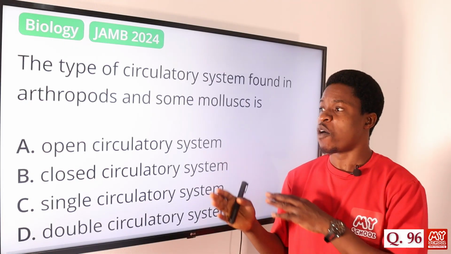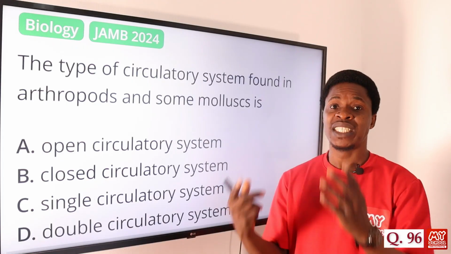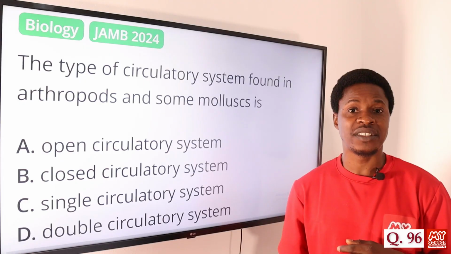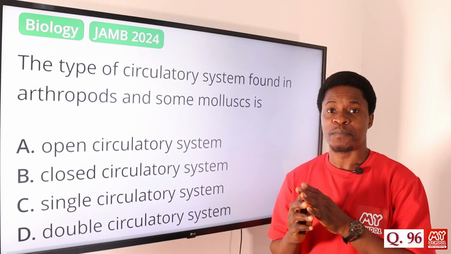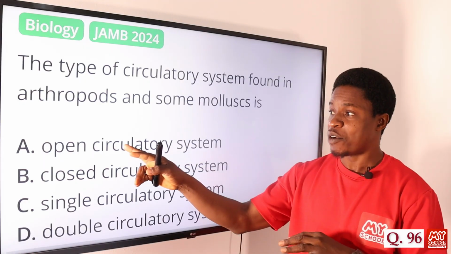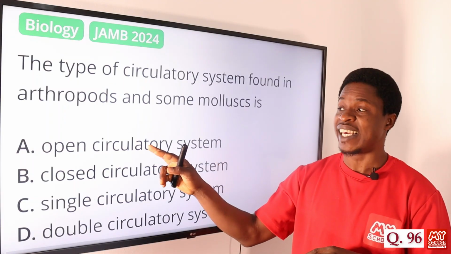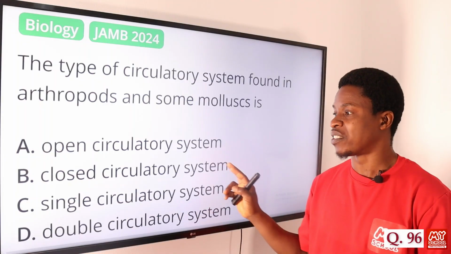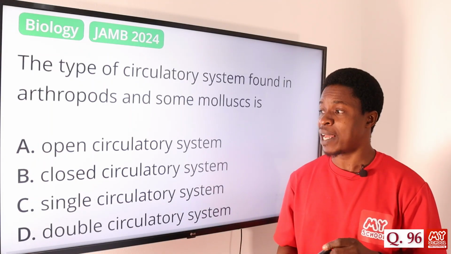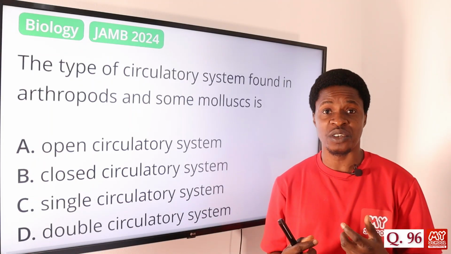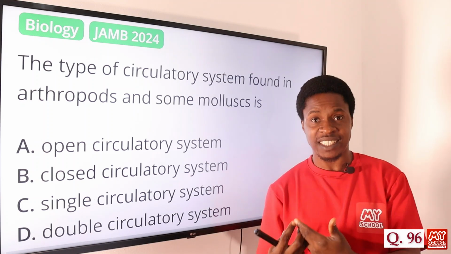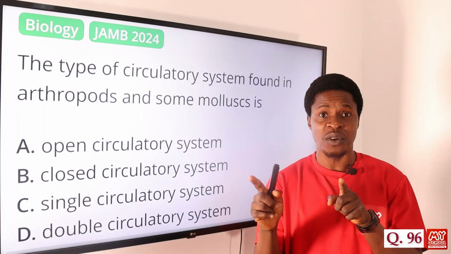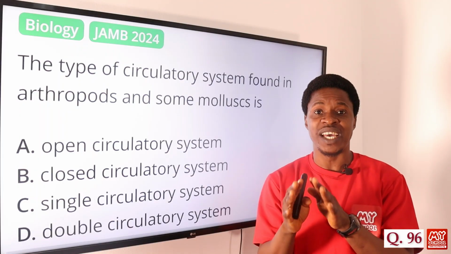You have that kind of system, open circulatory system, taking place in the arthropods, in the snails, the mollusks. In option B, we have closed circulatory system. In a closed circulatory system, the blood flows from the heart, through the tubes, through the veins, to the parts of the body where they are required.